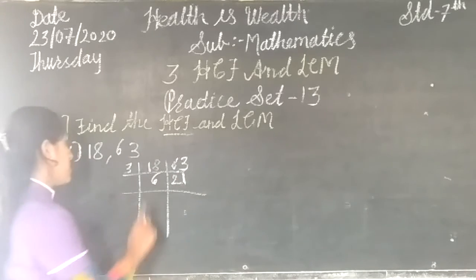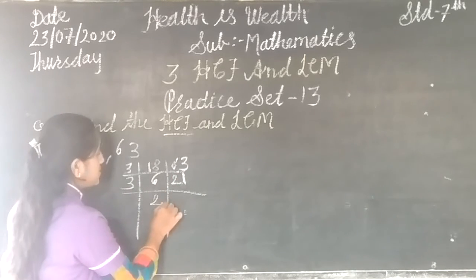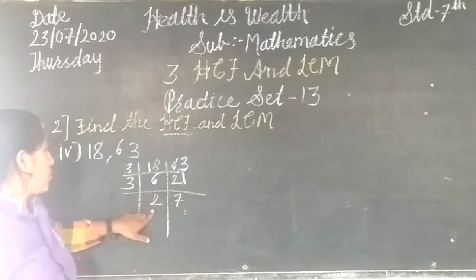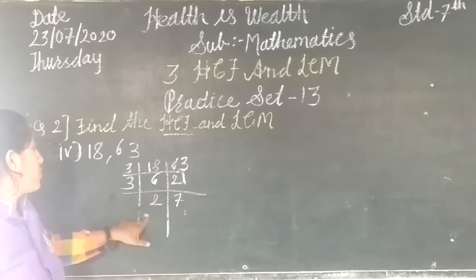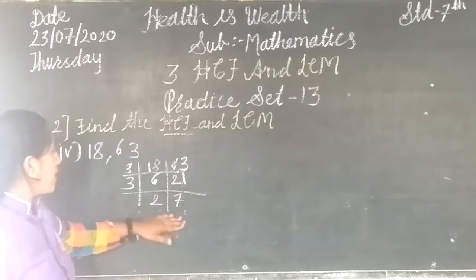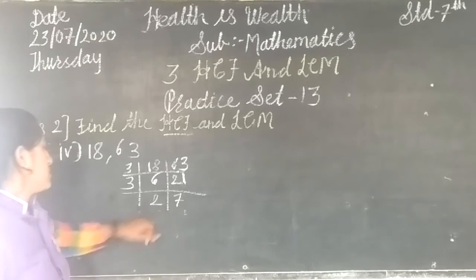Again we can divide these numbers by 3. That is 3 2s are 6, 3 7s are 21. See, now there is no common factor or common number. Now we cannot divide, so we have to stop or keep them as they are.